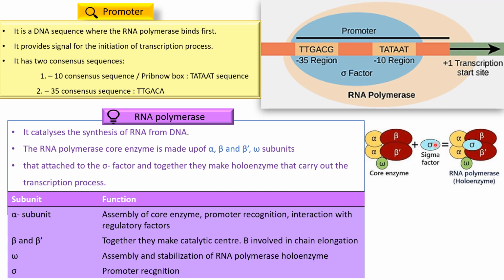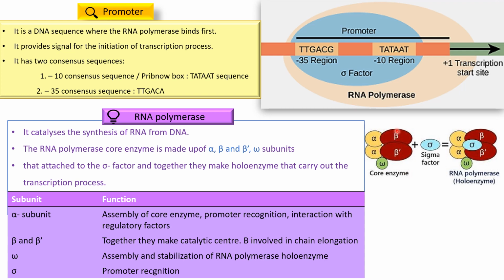It becomes active only when it binds with the sigma factor. The sigma factor does not play any role in catalytic activity, but it has the capacity to recognize the promoter region. Each of these subunits has different functions. The alpha subunit plays a role in assembly of the core enzyme and promoter recognition. It also interacts with some regulatory factors.